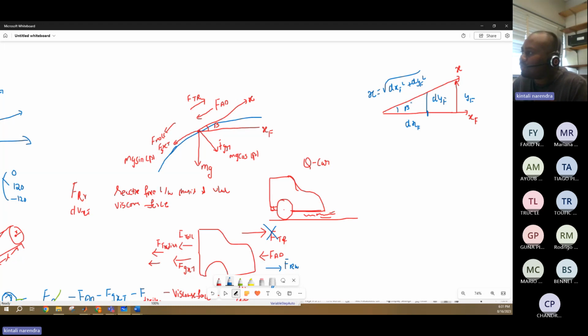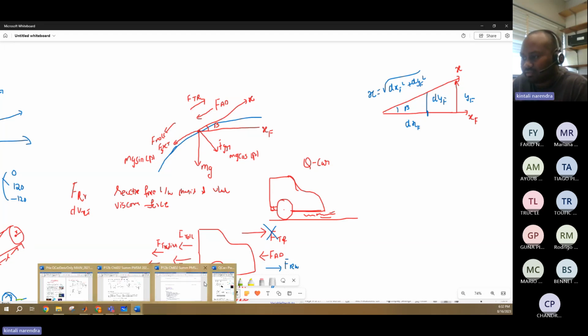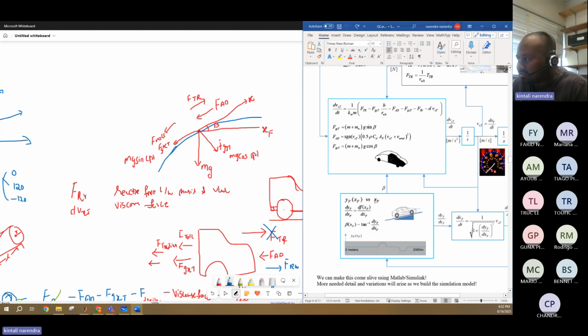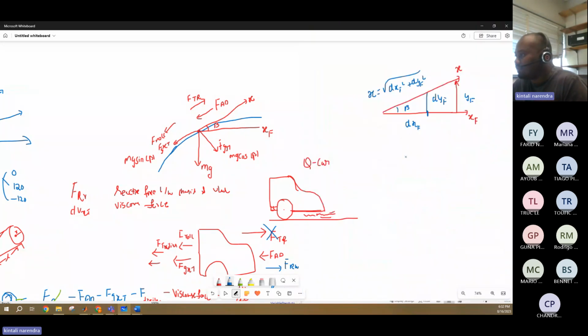Now, for the road profile, all you need to know is that y is nothing but a function of x. If you look at the equation, we have x of f and y of f. For example, imagine the road is a sine waveform.